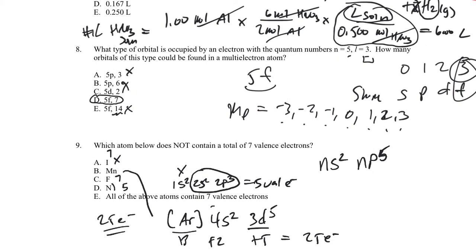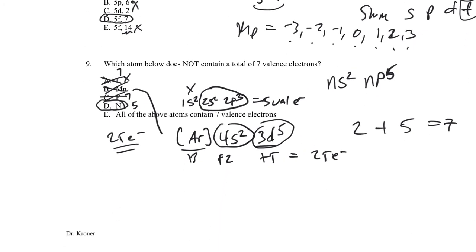And then our valence count rule, outermost shell. So we have 2 for the 4s subshell for the outermost shell, plus these 5 in the lower unfilled subshell. So 7 valence electrons for manganese. So iodine, manganese, fluorine all have 7 valence electrons, so nitrogen's the only one here that does not contain 7 valence electrons.